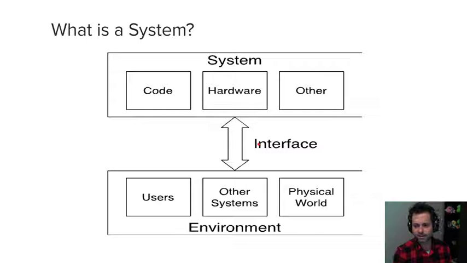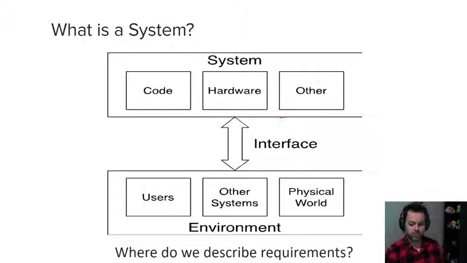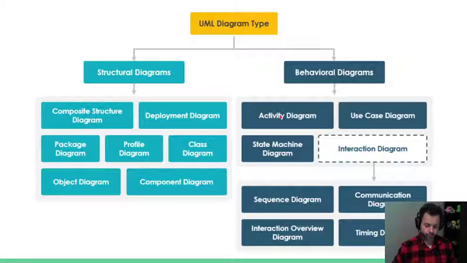So here's where we can start to get towards more detail. And as a reminder, the question, where do we describe our requirements? That's going to be in your software requirement specification. Again, massive diagram. And we're going to expand on that in these UML models. All right, so here we have a breakdown of the different types of model that we have.